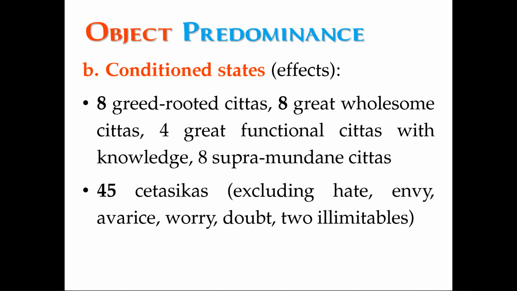Then 45 cetasika. So we have to exclude hatred, envy, avarice, worry, and doubt. Because there is no dosa in the cause, those 4 cetasika associated with the dosa, we have to exclude.